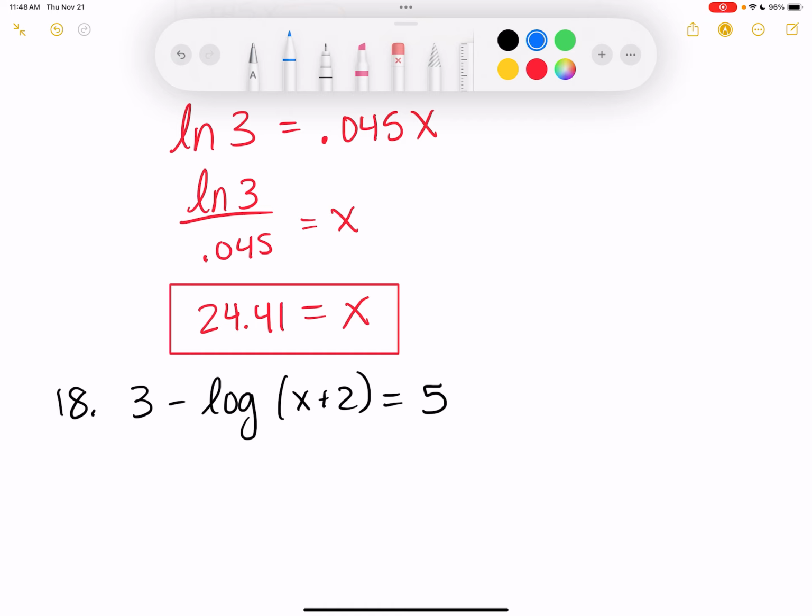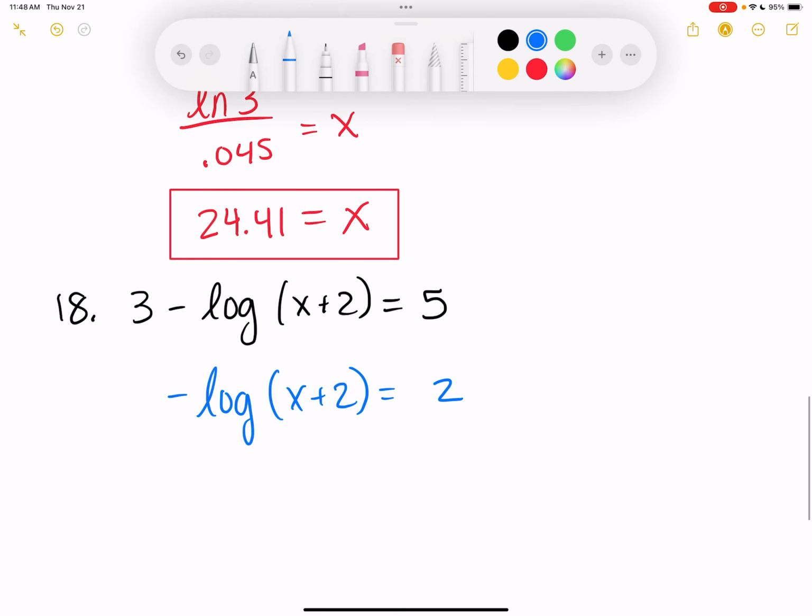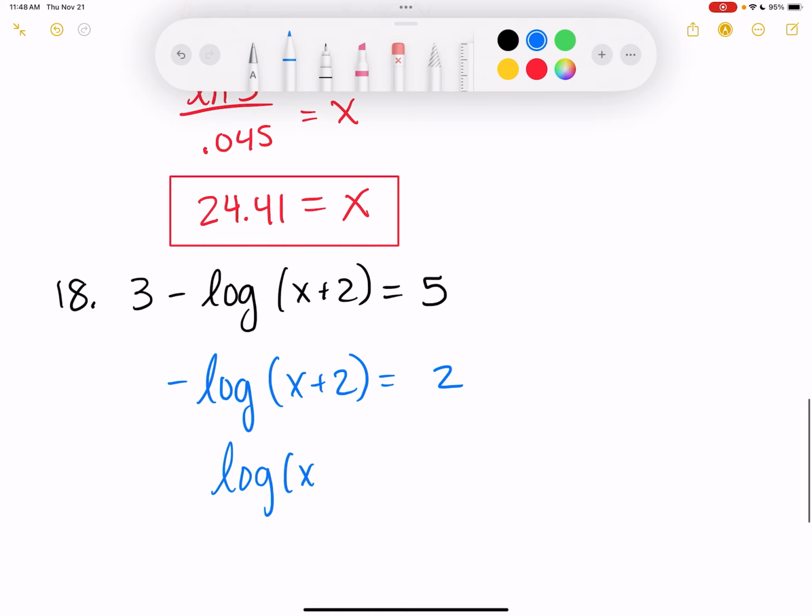Yep, so I have negative log of x plus 2 equals 2. Then what? Yep, so I'll have log of x plus 2 equals negative 2.